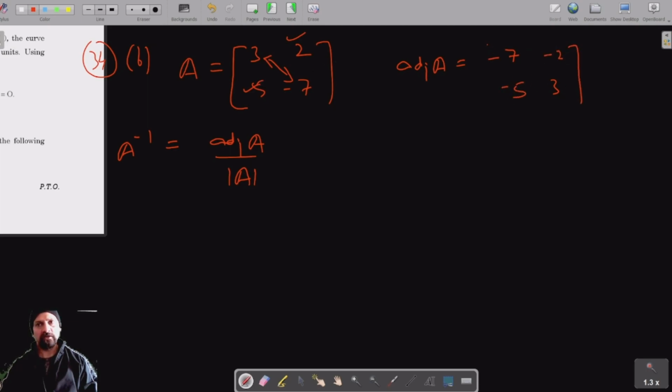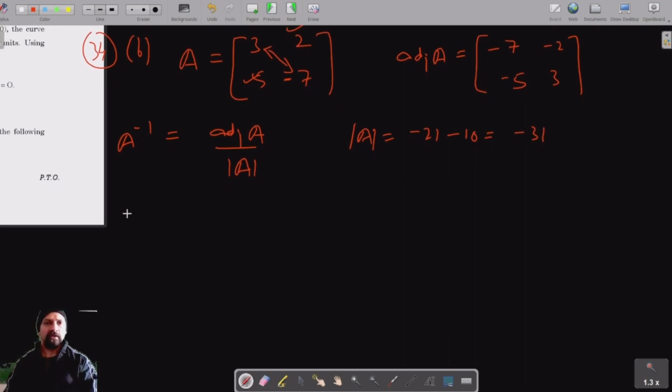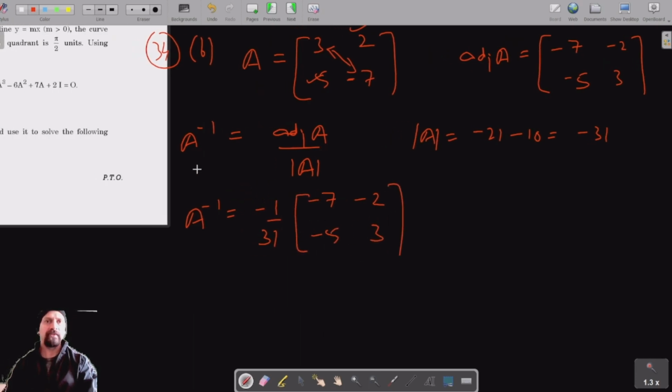So this is adjoint of A. Now determinant of A is 3 into minus 7, which is minus 21, minus 10, which is minus 31. So A inverse now is minus 1 by 31 times minus 7, minus 2, minus 5, and 3. So this is A inverse.